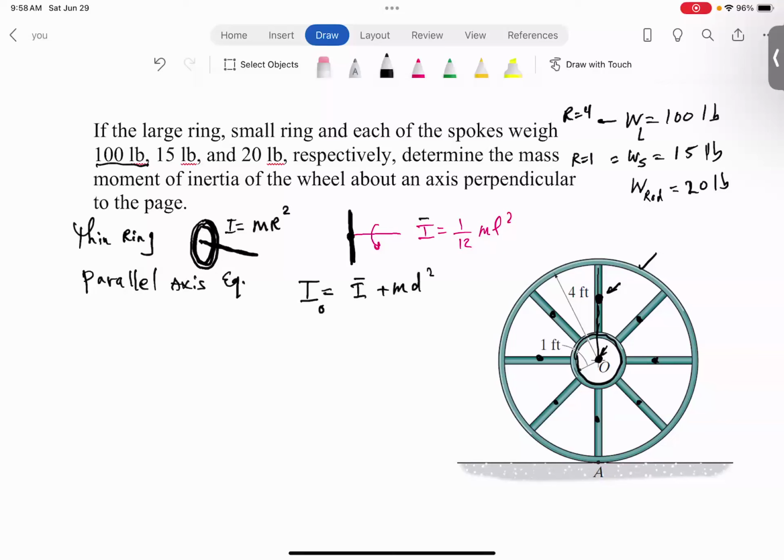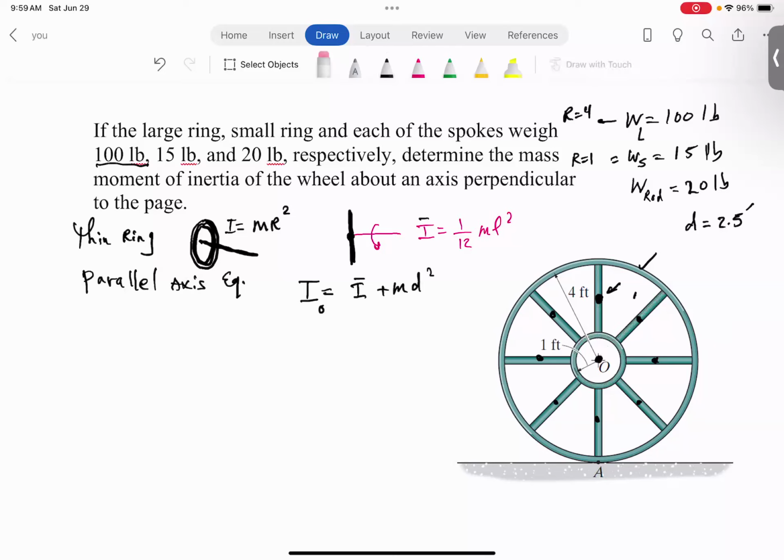Let's just get this out of the way. And the distance d between the center of each spoke and the center of the wheel, point O, happens to be half of 3, because remember, the length of these spokes is 3 feet. Half of 3 is 1.5 feet. So we are ready to go.